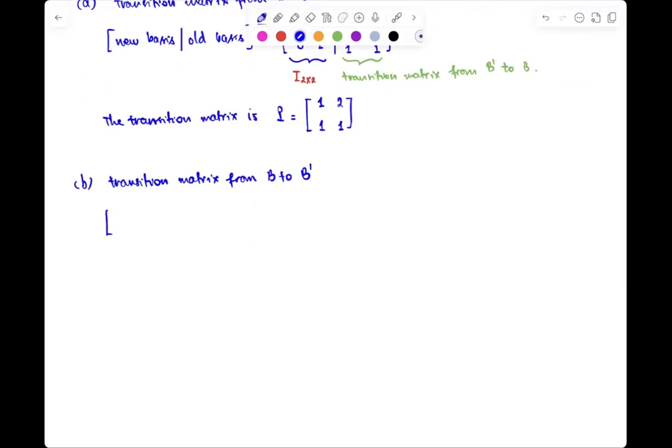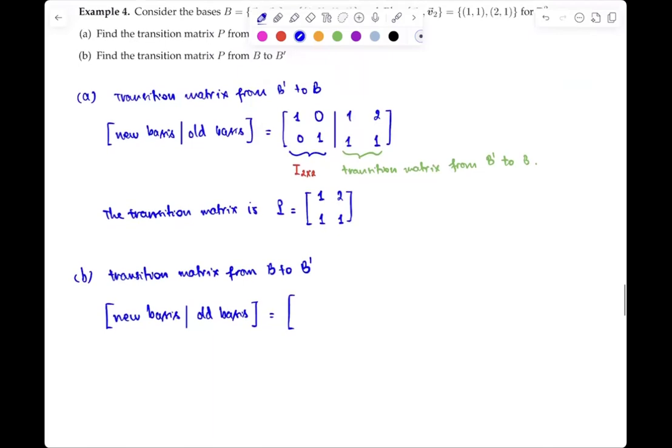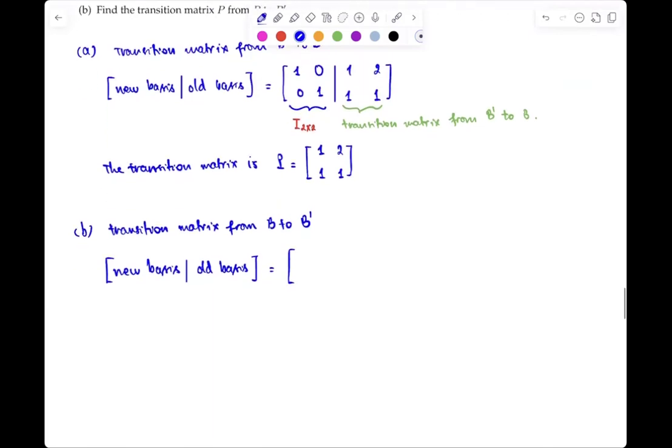So set up the new basis first and then the old basis. The new basis in this case is B prime, so you have (1, 2; 1, 1).